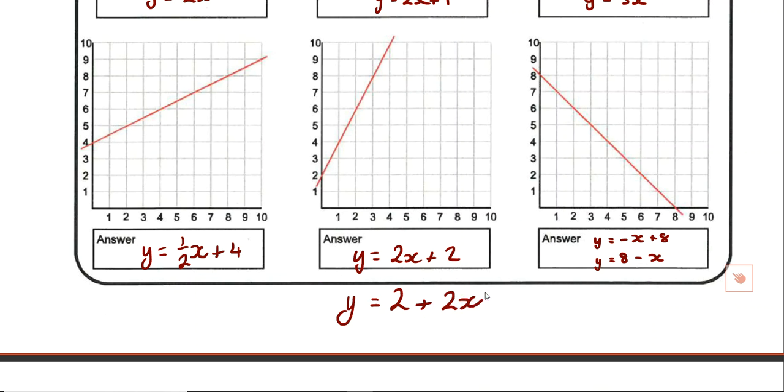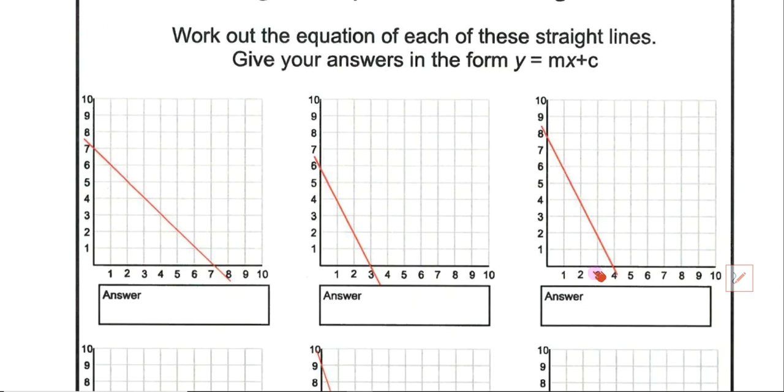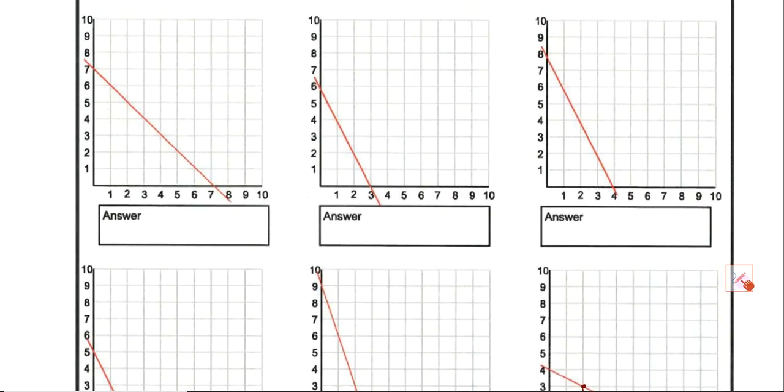Yes. Okay, absolutely fine. It doesn't mean anything different. It's just normally we would write it 2x plus 2. This one is slightly different because we would write negative x plus 8 is correct, but we generally put the negative second. All right.